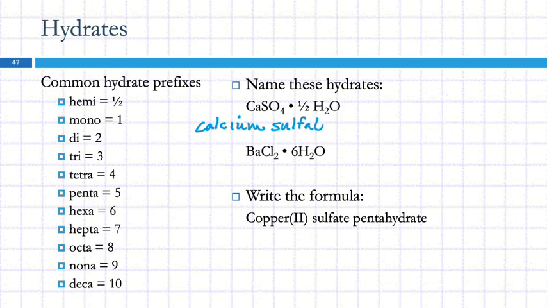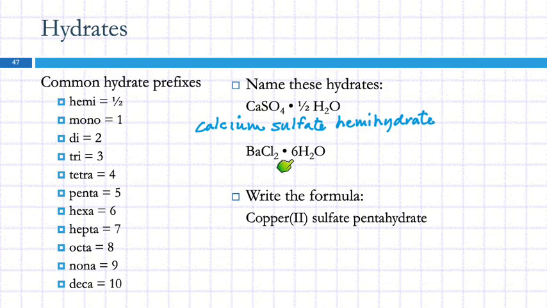And then we're going to use a prefix for this number, which would be hemi. And then to indicate the water, we call it hydrate. So calcium sulfate hemihydrate. A hemisphere is half of a sphere, right?